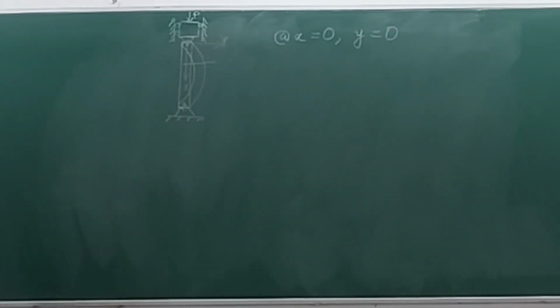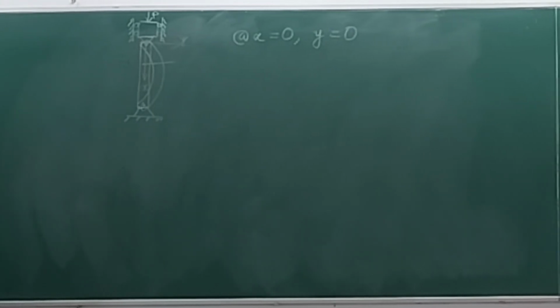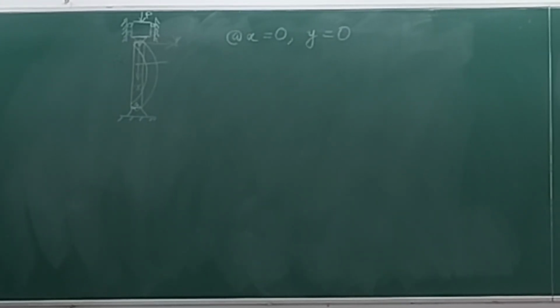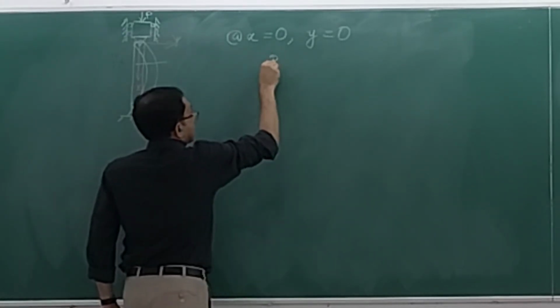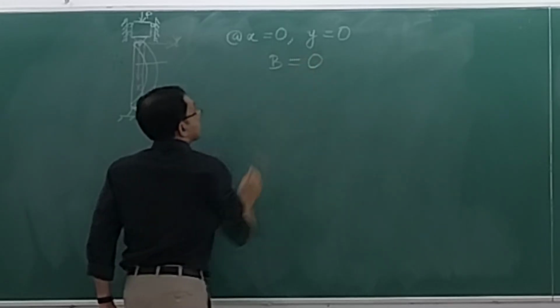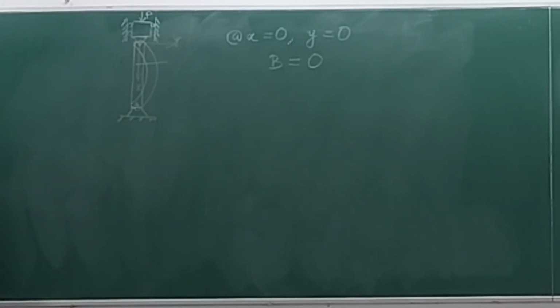What happens if you put x equal to 0 in A sin kx plus B cos kx? You get B is equal to 0, because A sin 0 is 0, and B cos 0 is B. So B is 0.